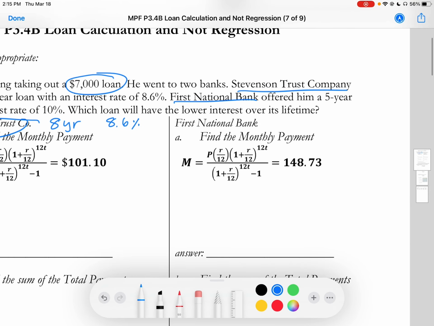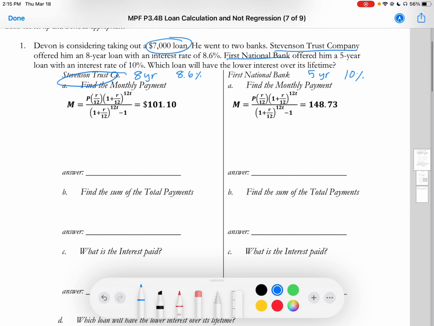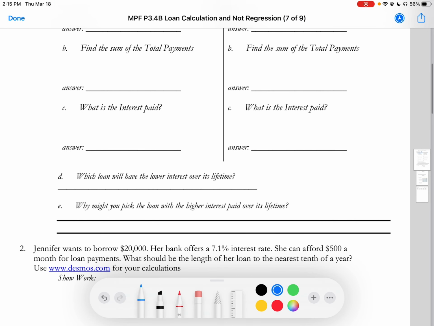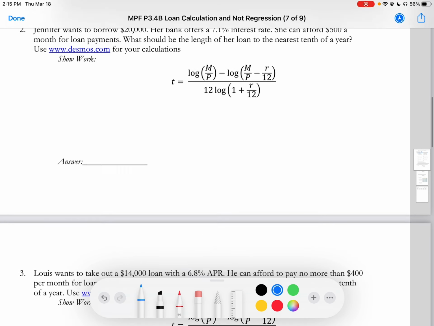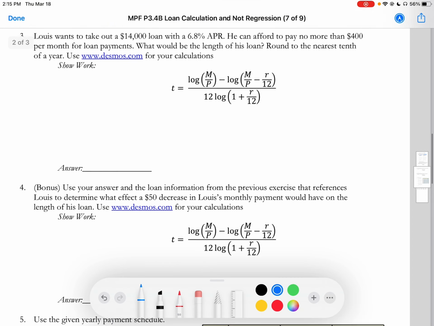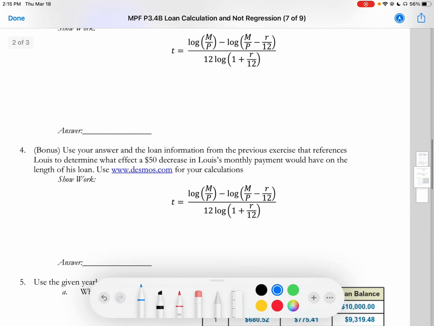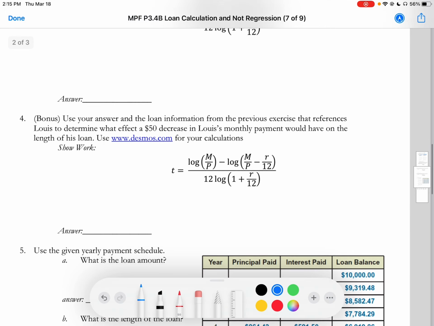First National Bank offers him a 5-year loan at an interest rate of 10%. You're going to go through and do the same thing and compare them. Then numbers 2, 3, and 4 are going to be practicing what we did today, finding the loan length. So make sure you can do those ones.